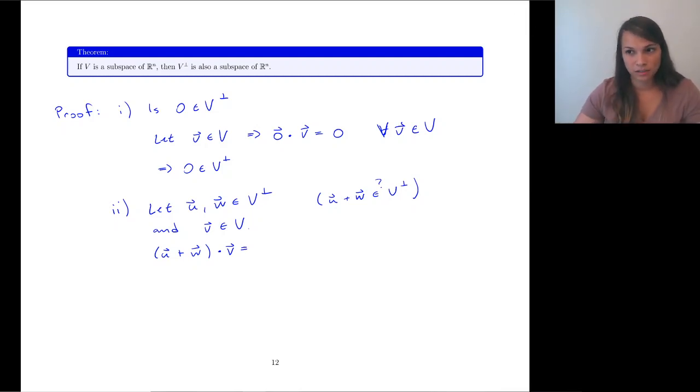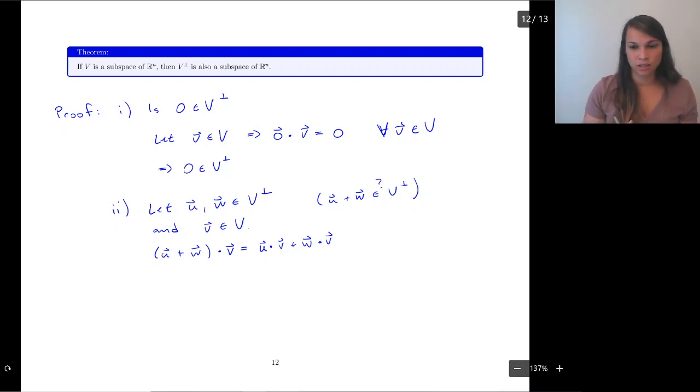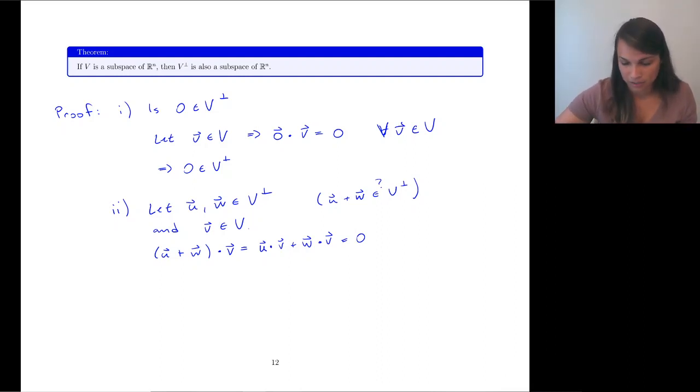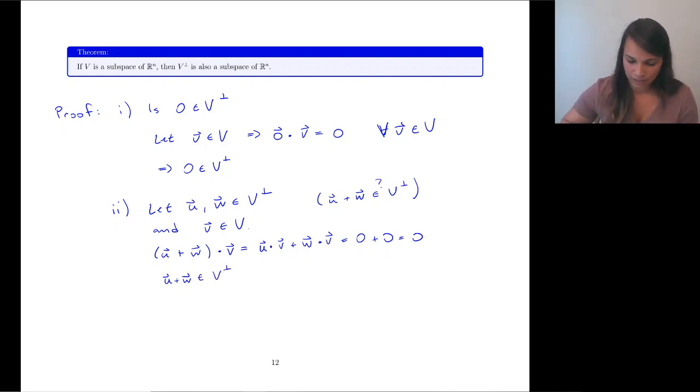Well, we know dot products distribute. So U dot V plus W dot V. But wait, U is in the orthogonal complement, so that's just a 0. W is in the orthogonal complement, so that's a 0. So there we go, we got 0, we're good. So U plus W is indeed in V perp.